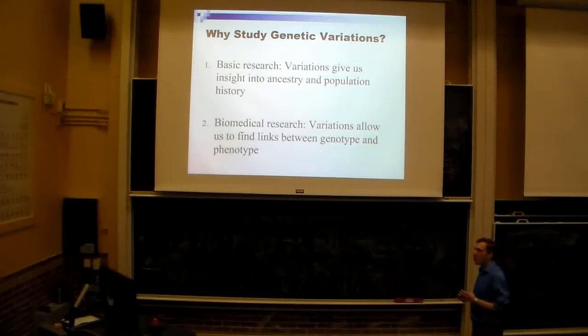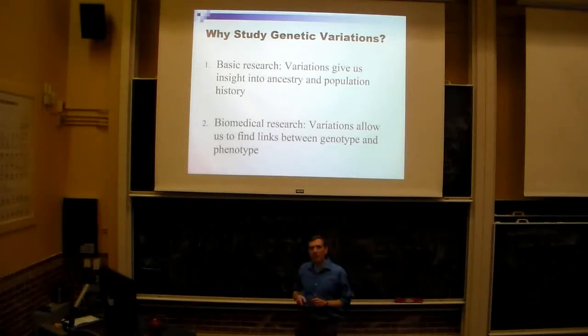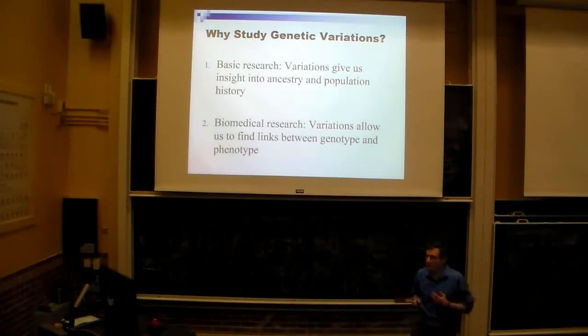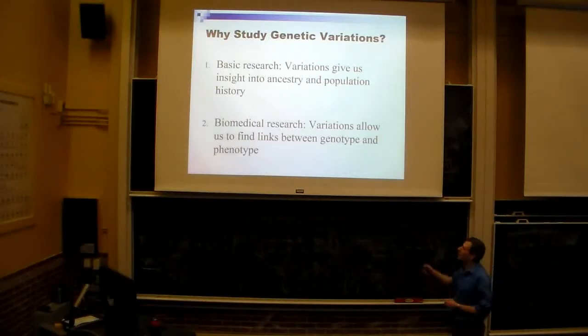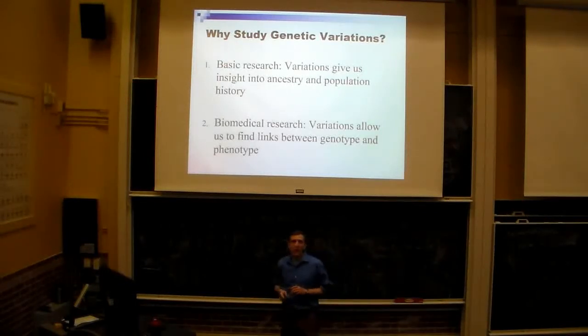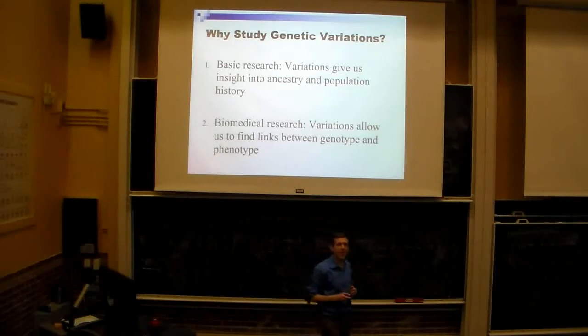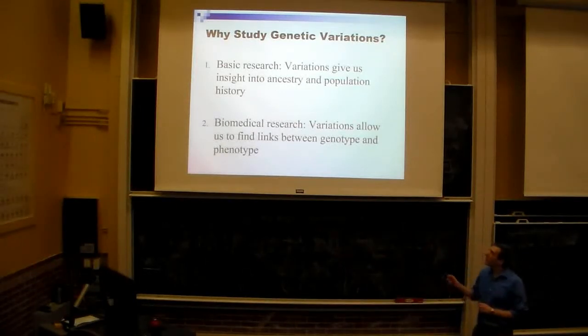So in particular, we can try to track down genes that may be implicated in a particular disease, or may be targets for drugs for a particular disease, by looking for genetic variations in those genes that are correlated with whether or not you have that disease. And towards the end of this class, and much more in the next class, I'll be talking in some detail about how we actually do that kind of assignment. But for the moment, just be aware that this is primarily the sort of analysis we're using these for.